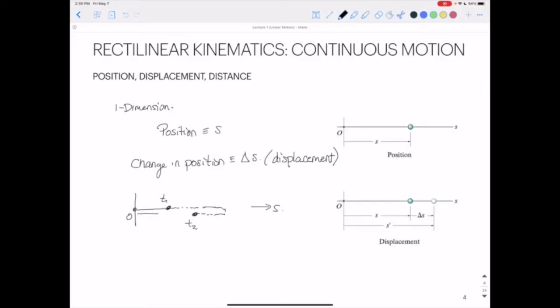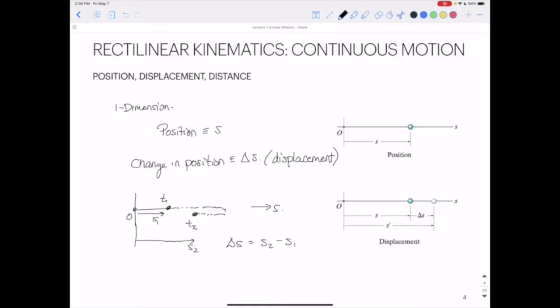So at time 1, our position is S1. At time 2, our position is S2. So our delta S, our displacement, is just going to be S2 minus S1.